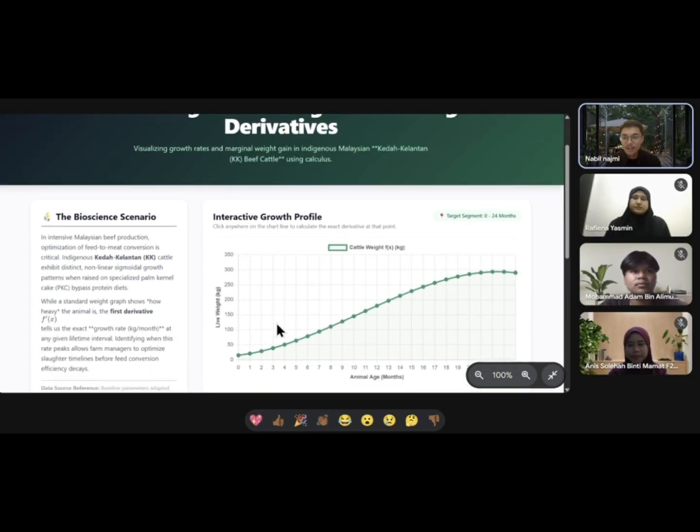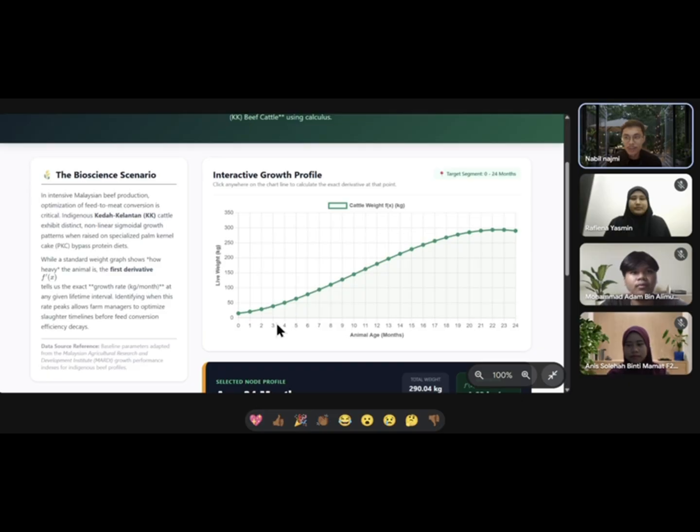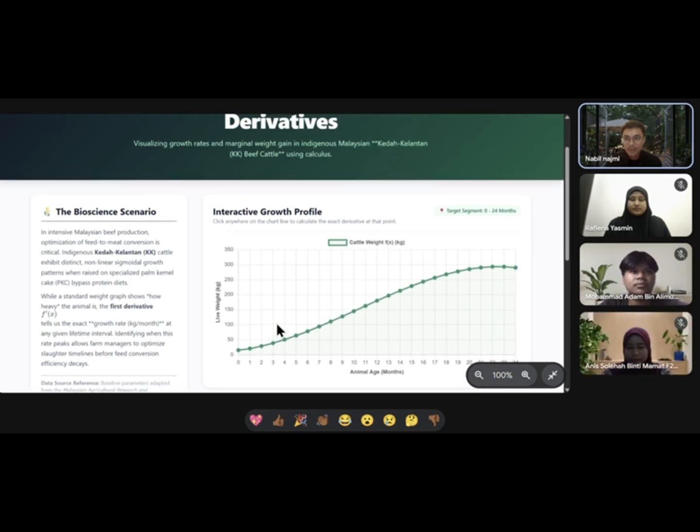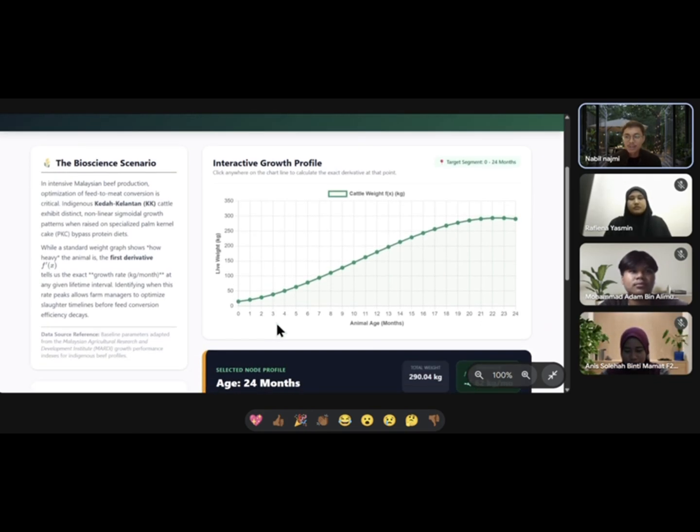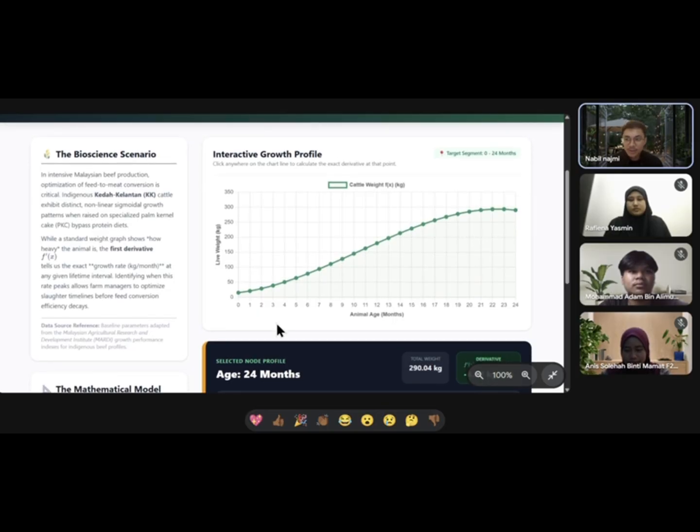Well, today I will be presenting on the application of calculus in Kedah-Kelantan cattle farming. The summary of the bioscience problem is that this study applies calculus to monitor the body weight and growth of the Kedah-Kelantan cattle more accurately through mathematical modeling.